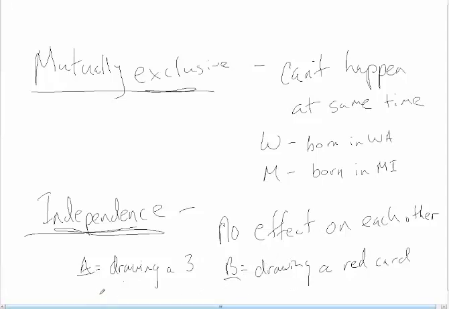A case where you might see events that are dependent. So let's say smoking rate of females is 22% and smoking rate for males is 47%. We might say that smoking and gender are dependent, because it seems as if males smoke at a higher rate than females do.